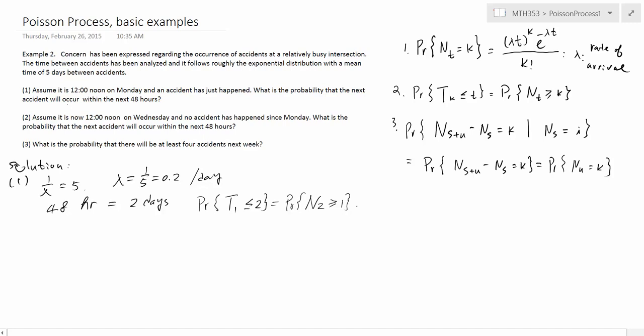And then how are we going to calculate this? We can simply use the exponential distribution. We know the following thing, that the probability the first arrival is less than or equal to t is precisely 1 minus e to the negative lambda t.